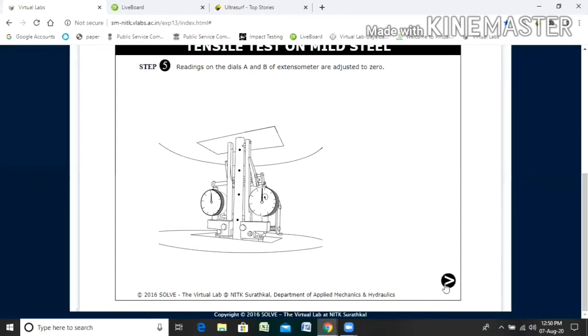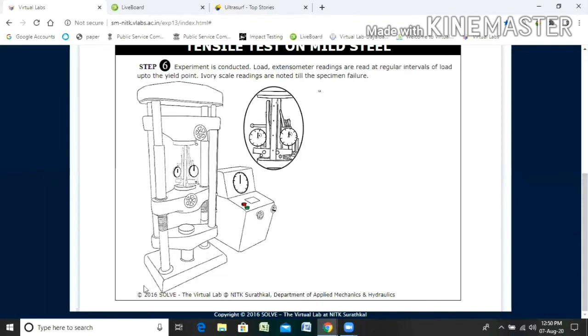Next, we have to press the green button. You can see the green button, exactly as in our lab, with the same green and red buttons. The green button starts the operation, and if you have to stop the operation, you press the red button.